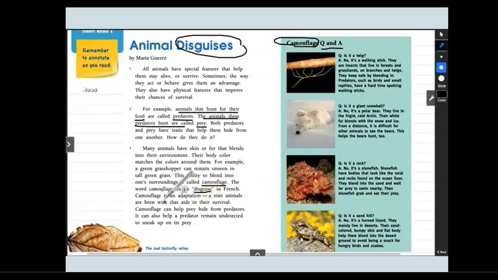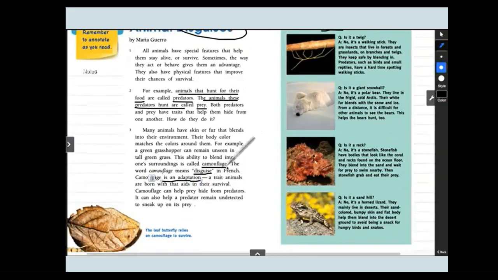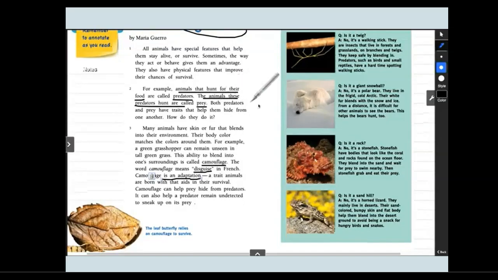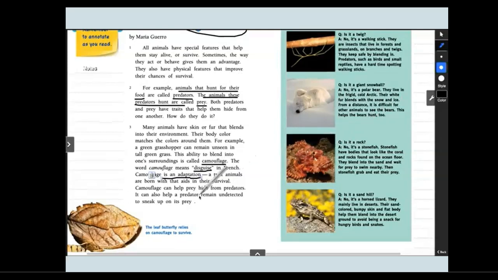So understanding what camouflage is, is important to understanding the main idea of this text. So I'm going to underline those details. I need to understand what camouflage means in order to discover how it helps predators and prey. Now, the last two sentences of paragraph 3 tell me how camouflage can help these animals. So I'm going to underline that as well.